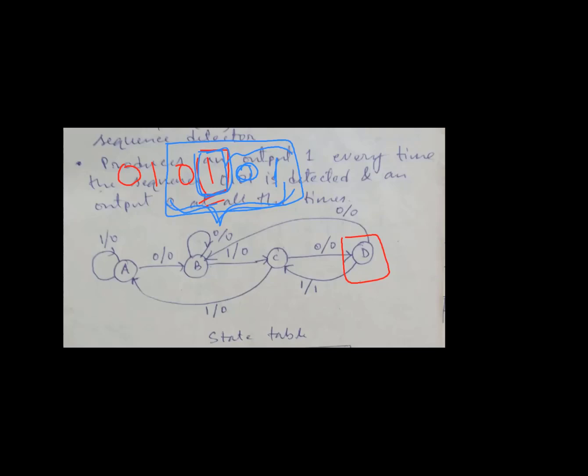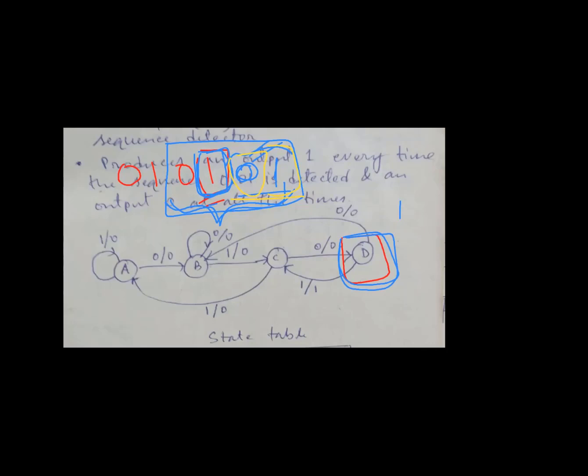So we have to think intelligently. After this one, when we are over D, we should go back to the state from where 0 is emitting, or from where we can get 0 1, right? So when we are over D and input is 1, we should go back to the state from where we can get back a 0 and 1, such that your sequence will repeat.